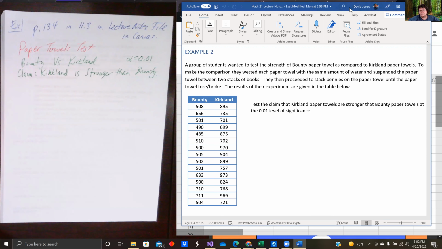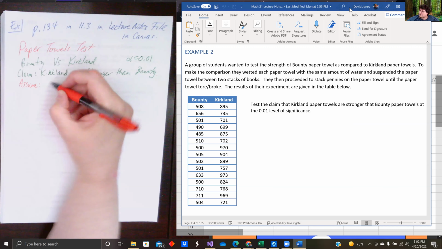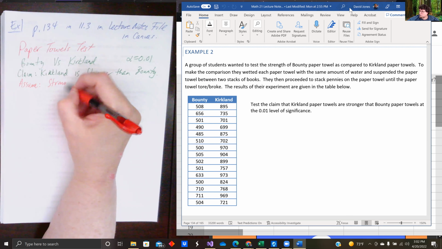I bet they wanted to try this with dry paper towels, and it just took way too many pennies to make it break. So I'm going to assume that the stronger paper towels hold more pennies.